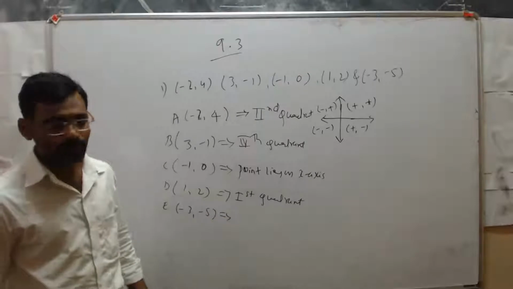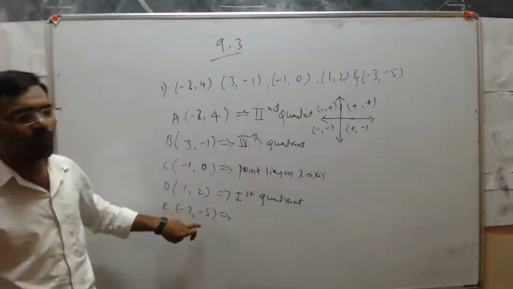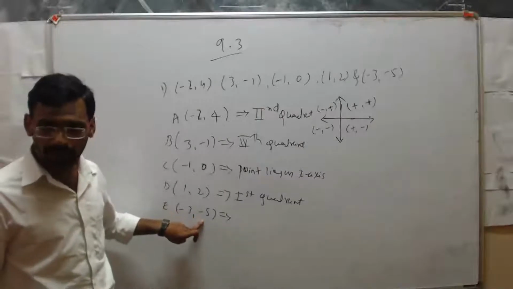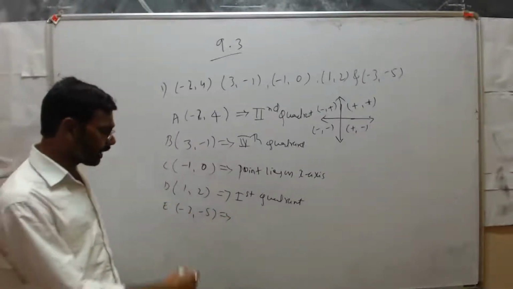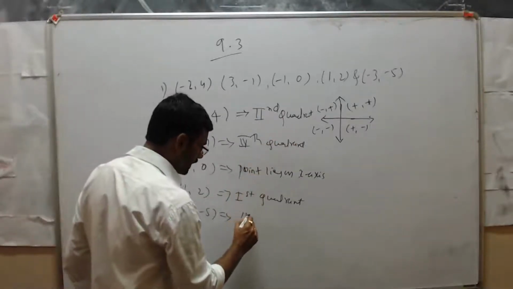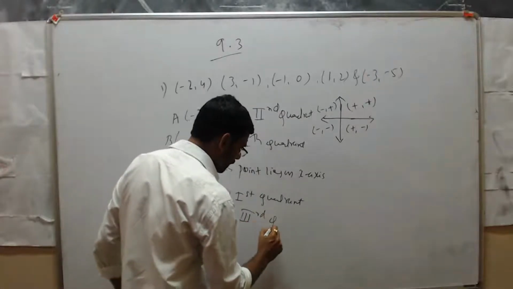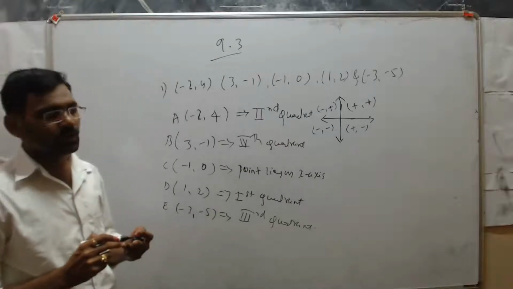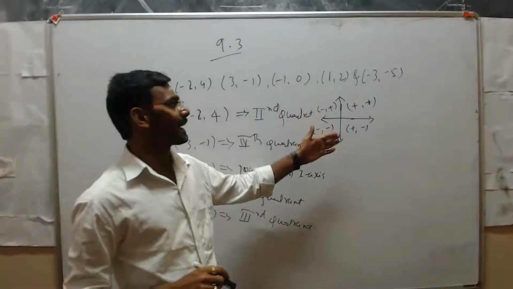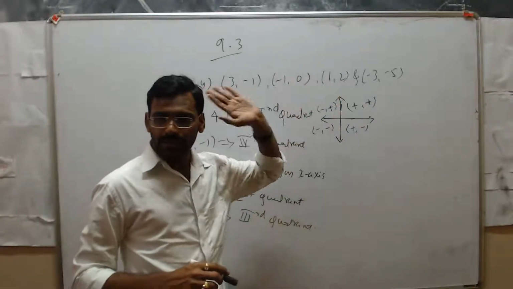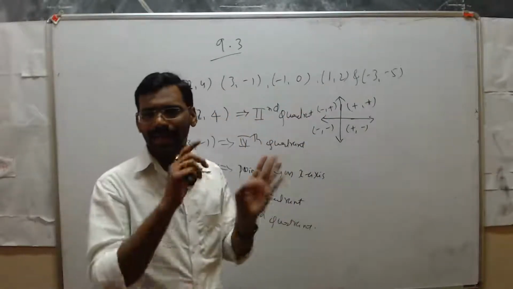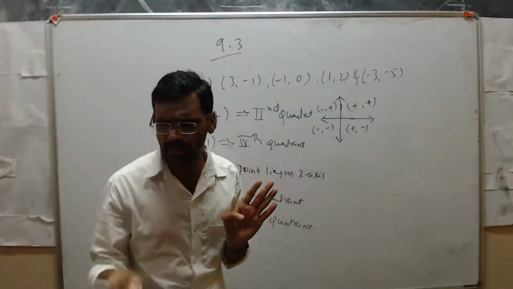Both are negative, x value negative and y value negative, which means the third quadrant. Because in the first quadrant both are positive. In the second quadrant, x value is negative and y value is positive.